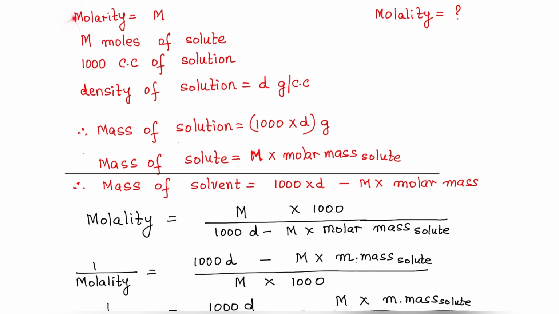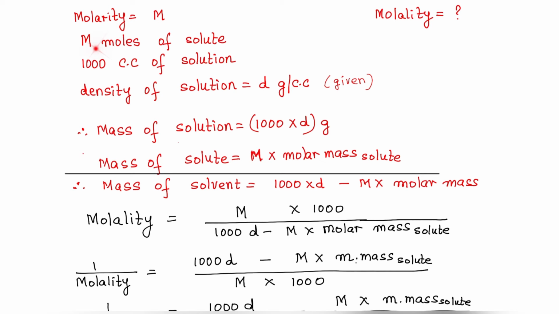We have been given that the molarity of a solution is M, and I am denoting it by capital M. And the density of the solution is d gram per cc. That means this is given to us. We know these values, right? So I'm going to derive, I'm not taking any specific values over here. Let's break down these values in terms of what we know.